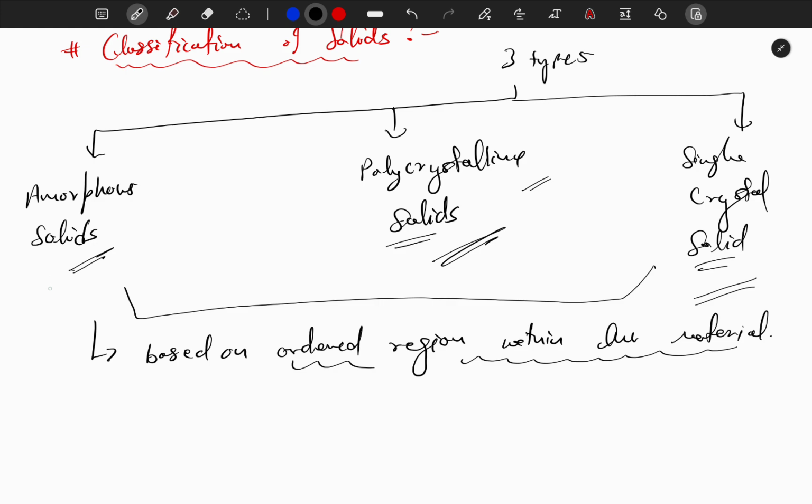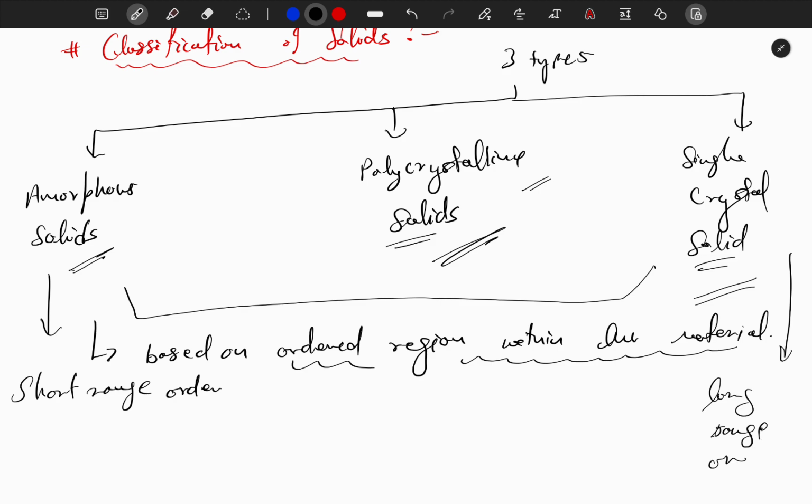We will see that amorphous solids have short range order, and single crystals will have long range order. It means that if you go long distances into a single crystal, you will have the same pattern repeating.